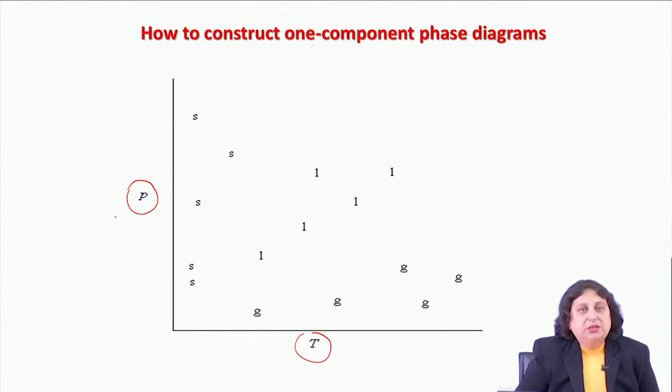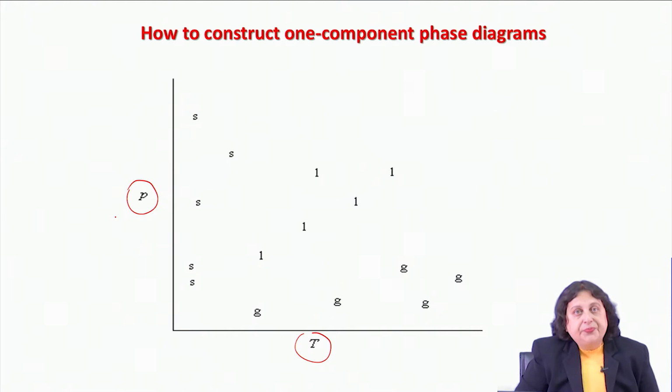This is simply because both temperature and pressure can be manipulated in the laboratory very easily. Now, for many different values of the pressure and temperature of your working substance, you make a note of whether your substance is a solid or a liquid or a gas.